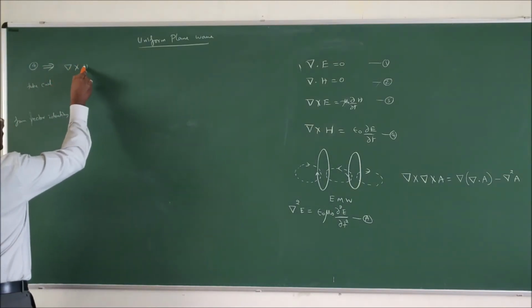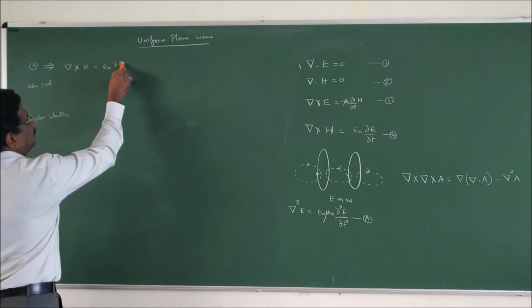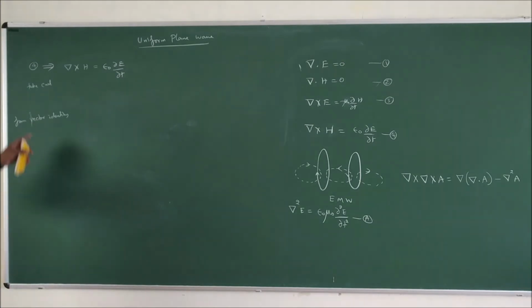Del cross H, same steps, equal to epsilon naught dou E by dou T. That was our equation number 4. Again, same steps I told: take curl on both sides.